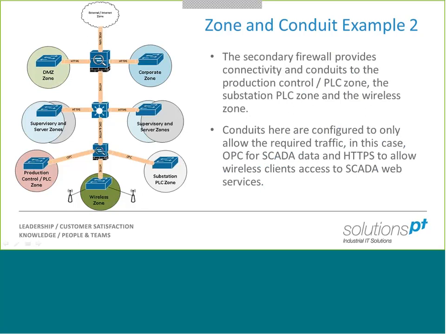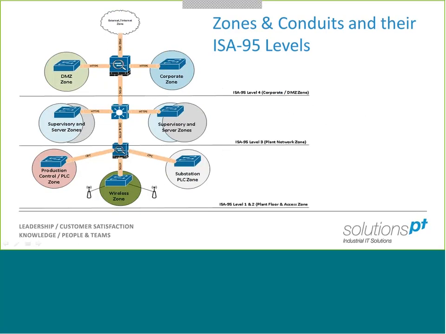And just to put that topology into practice when we talk about these ISA levels, we've basically got the same topology and we've applied it against our ISA 95 cyber security levels. At the top we've got our clear demarcation: level 4 corporate and DMZ zone.